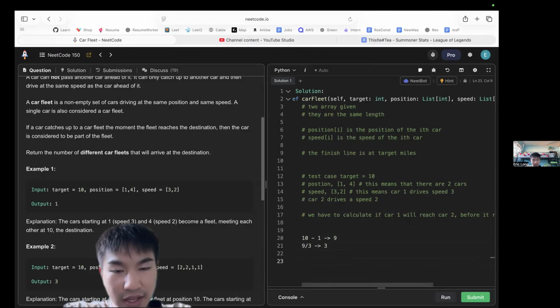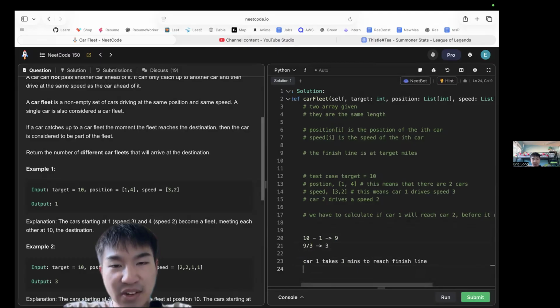So car 1 takes 3 minutes to reach the finish line.